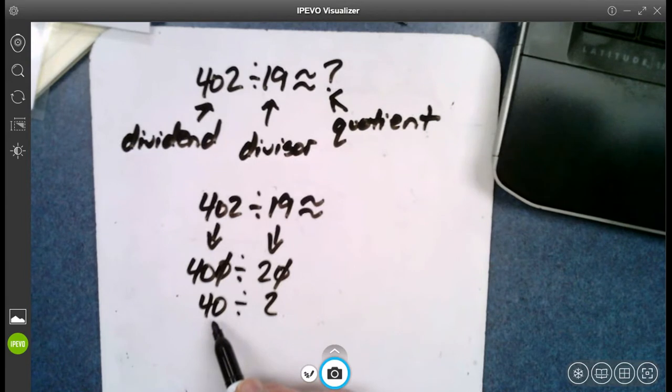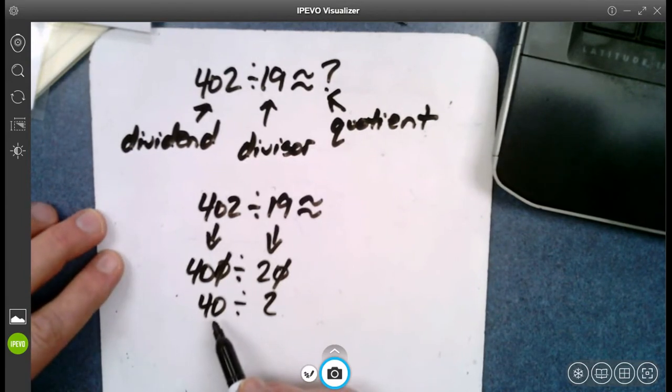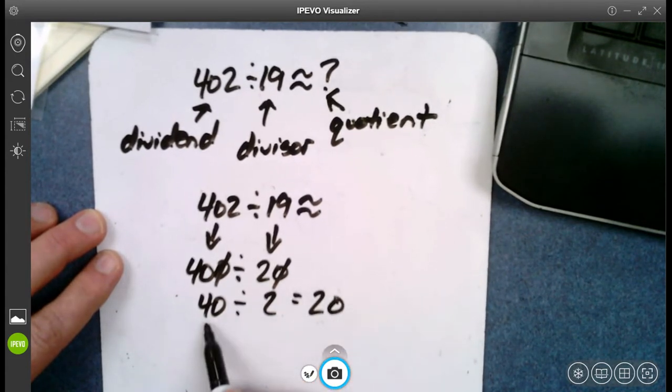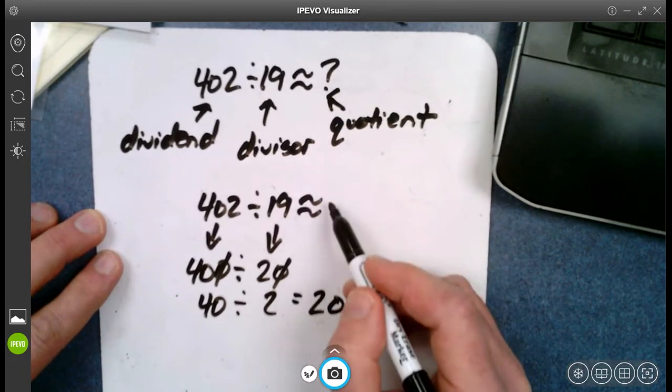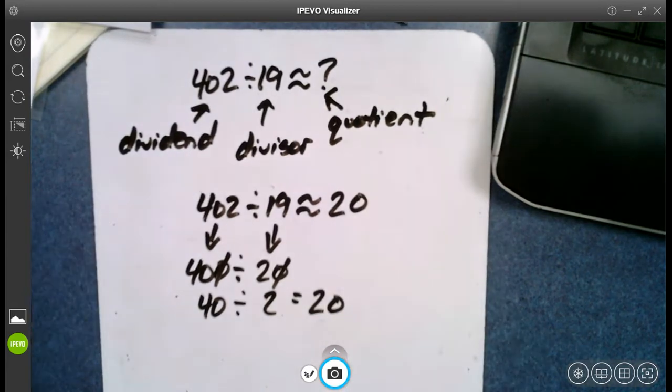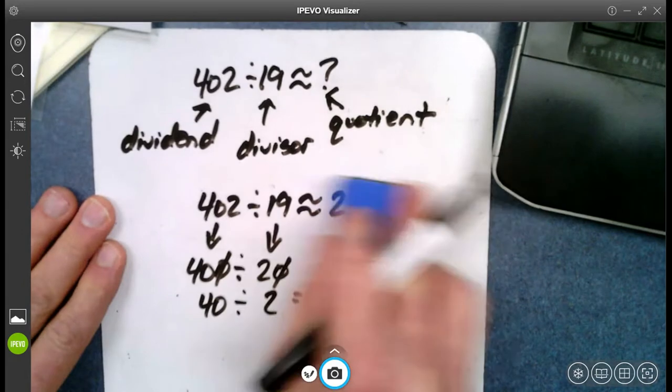Remember, we can use the inverse operation of multiplication. 2 times what is 40? Well, 2 times 20 is 40, so 40 divided by 2 is 20, which means that our estimate for 402 divided by 19 is going to be around 20. Okay, let's take a look at another one.